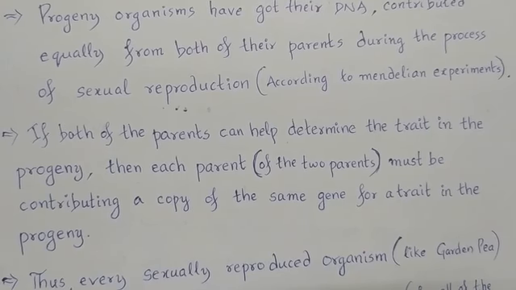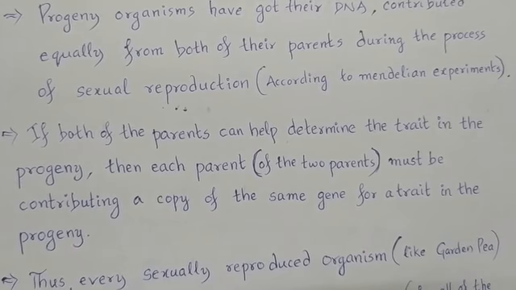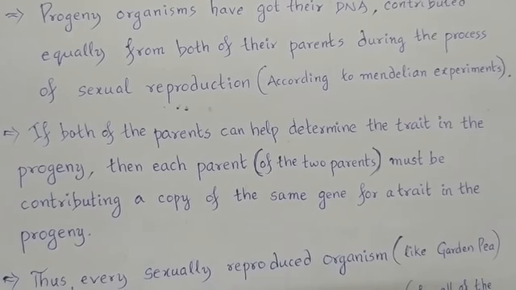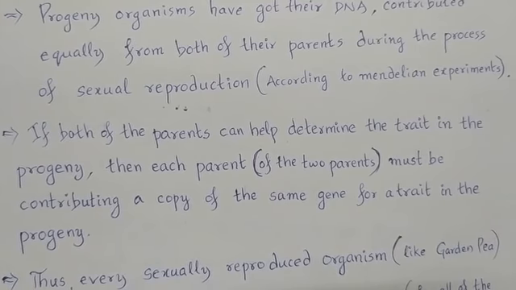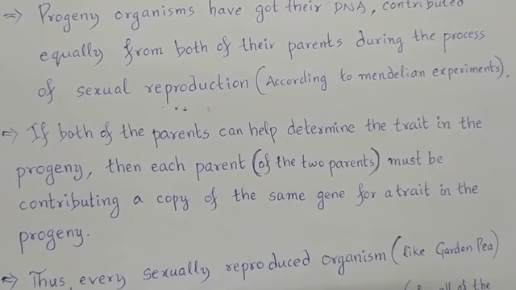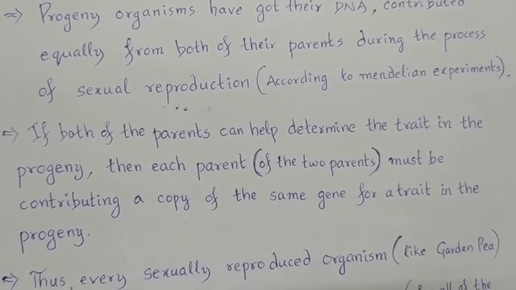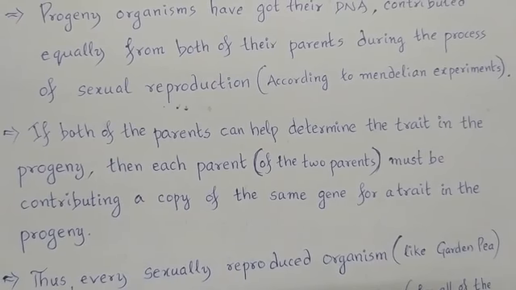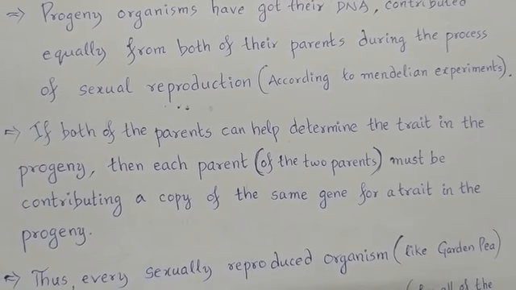If both the parents are contributing equally, then from each parent only one copy of genetic information is coming for a particular trait. From male, one copy. From female, another copy. So, in the progeny organism, for a given trait, how many copies have come? Two copies. For every trait, two copies of the gene are contributed equally from both of their parents.